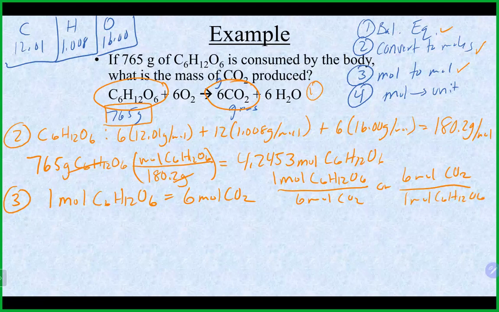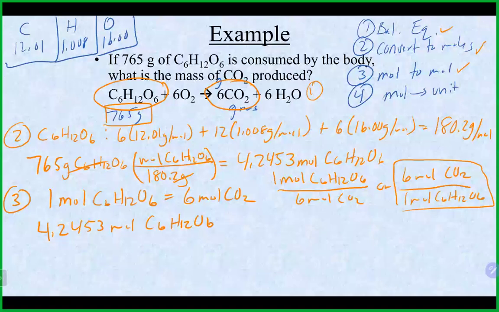So taking our number from the previous step there, 4.2453 moles of C6H12O6. We want to get rid of that, so we're going to use the conversion factor here on the right to do so.